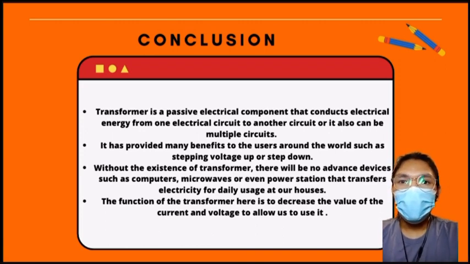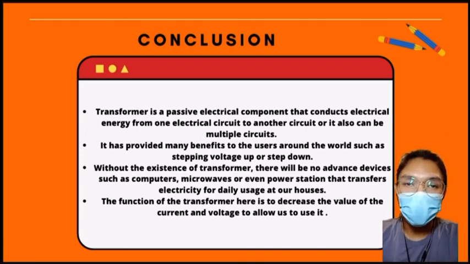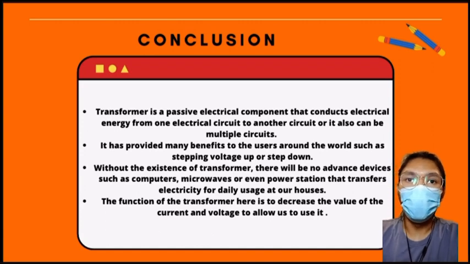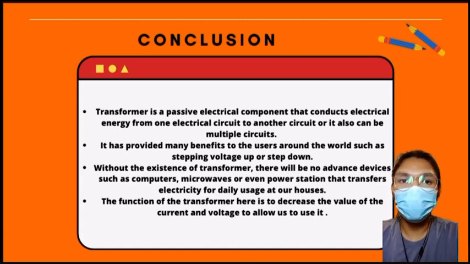So, in conclusion, by doing this experiment, we all got to know what a transformer is, and based on what we discovered, the transformer is a passive electrical component that conducts electrical energy from one electrical circuit to another electrical circuit, or also multiple circuits.